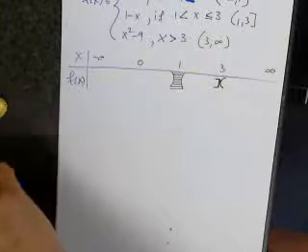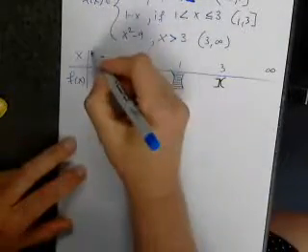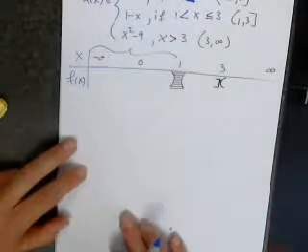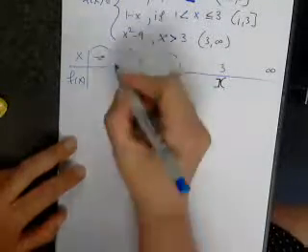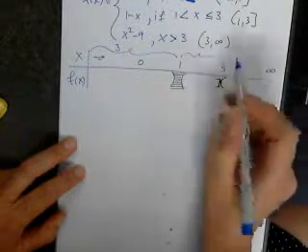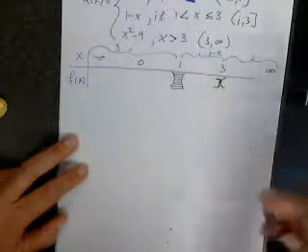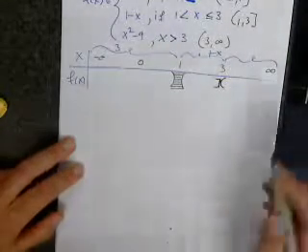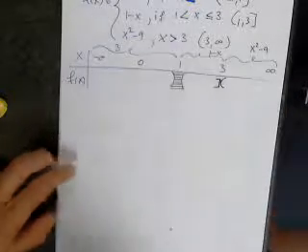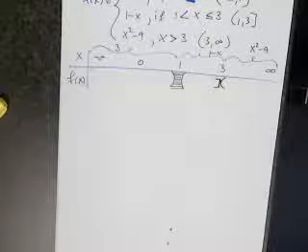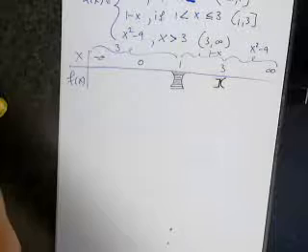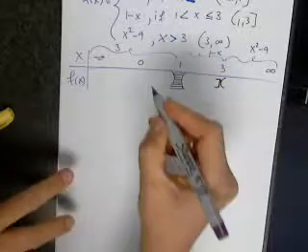Now one more time, I know it's an overkill. Between this and this, what do I use? Between this and this, what do I use? Perfect. And between this and this? Excellent. Good. So to the left-hand side of 1, all I have is to write 3.